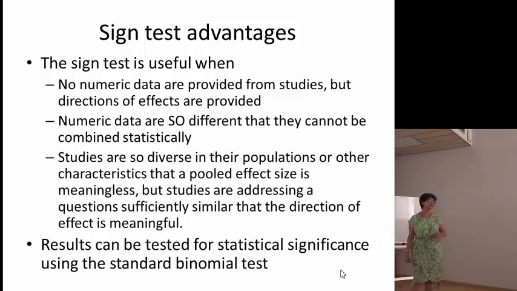Or the studies are really very diverse. So when all else fails, you can use the sign test. It probably requires even less information than the combined p-value test, because sometimes people don't even report p-values. They just report expected direction, or not expected direction.